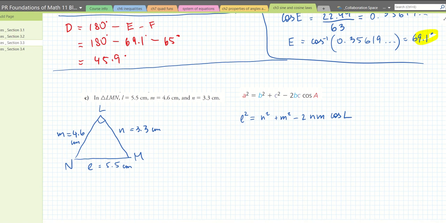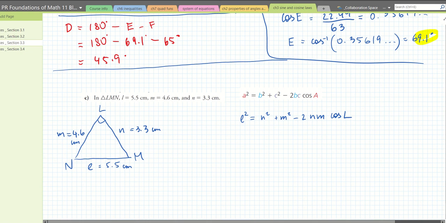So I'm looking for the angle L. I'm going to do a little bit of algebra. I'm going to move the n squared and m squared to the left, and then I'll plug in numbers. So I'm going to do l squared minus n squared minus m squared equal negative 2n m cos L.